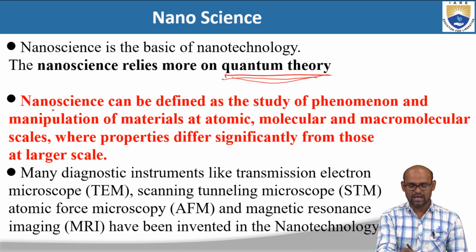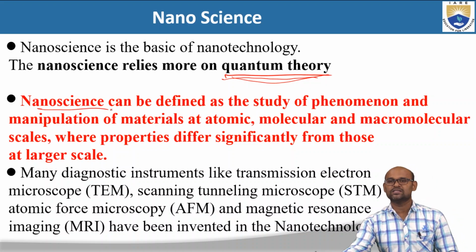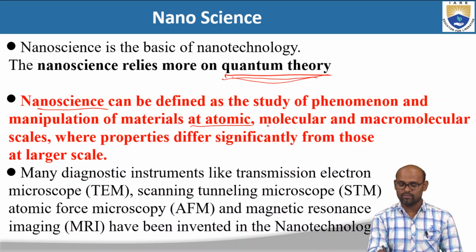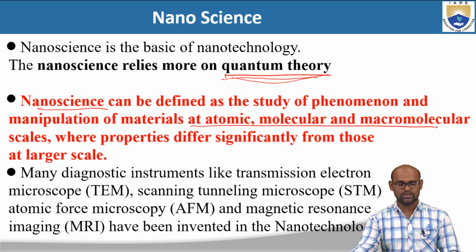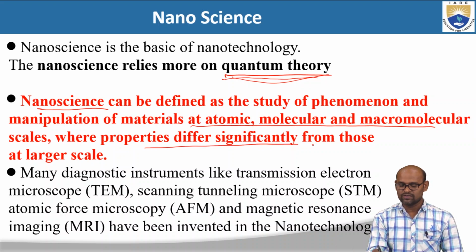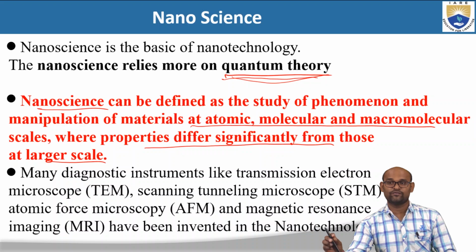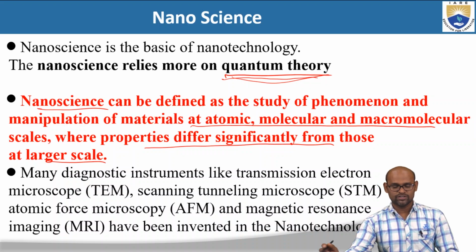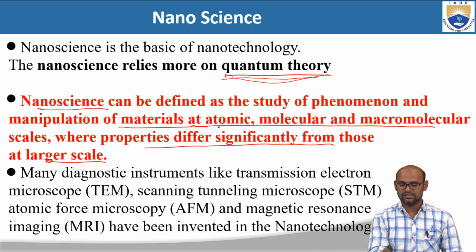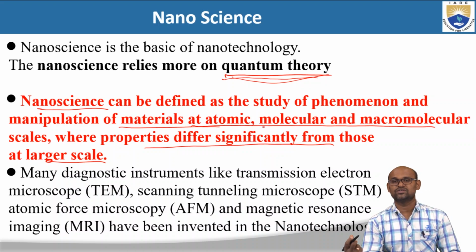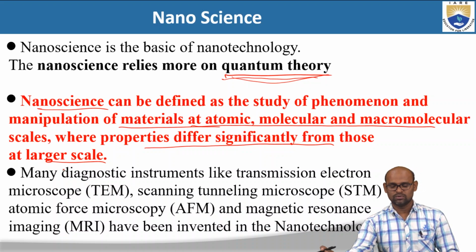So we have defined nanoscience here. Nanoscience can be defined as the study of phenomena and manipulation of materials at atomic, molecular and macromolecular scales, where properties differ significantly from the larger size. So nanoscience is a phenomenon in which materials change their properties when the size goes from bulk to nano size.